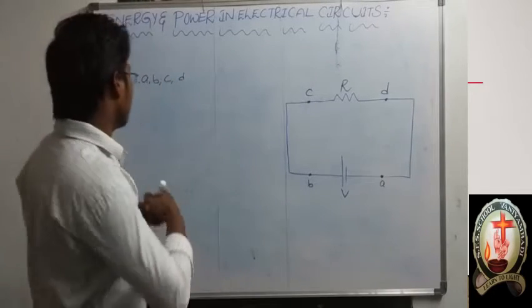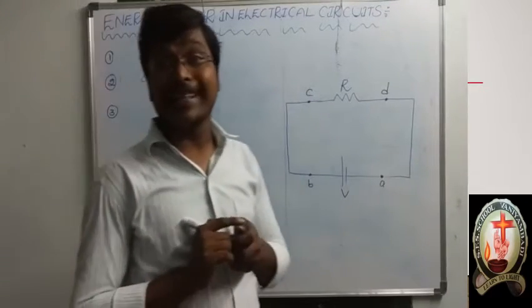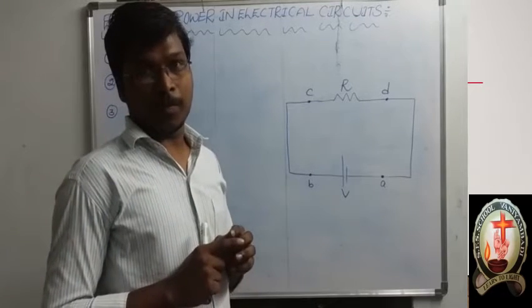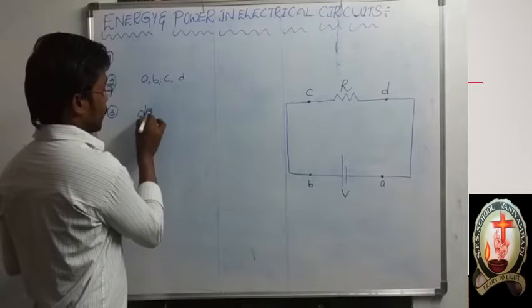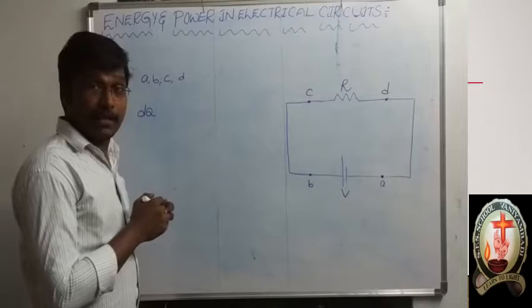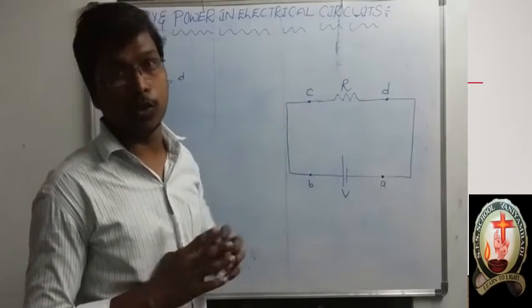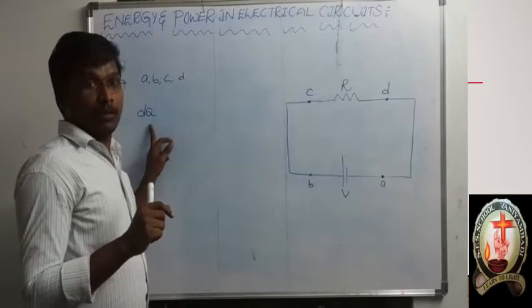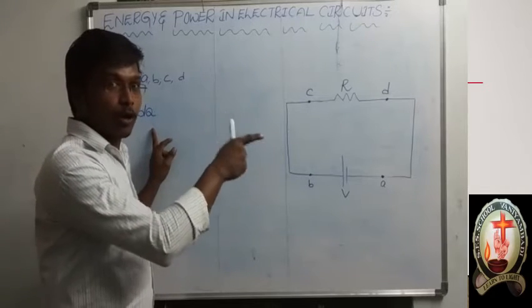Now third point, consider a charge dq. This charge is placed at the point A on the electrical circuit.